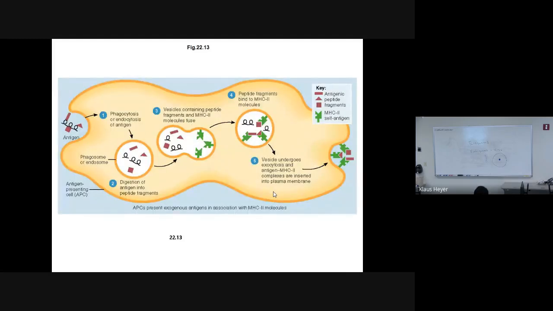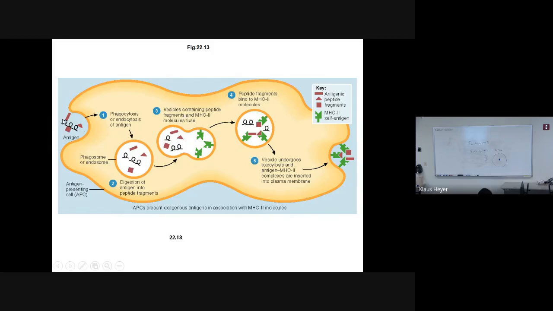All right, this is an antigen presenting cell. This whole thing, it's not like a round cell. It looks like an oval or a blob. So this whole thing is the antigen presenting cell. Here's the antigen on the left side. What the antigen presenting cell does is it phagocytizes the pathogen.